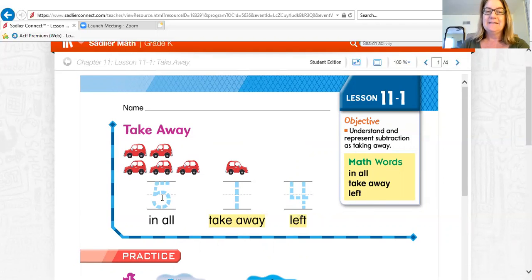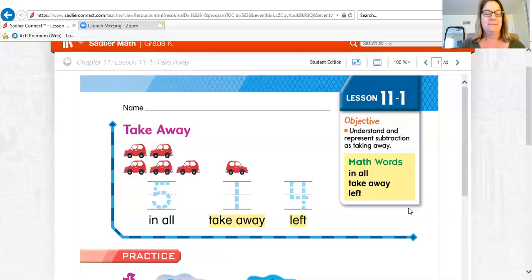When we added, we would end up with in all. But in subtracting, we're starting with in all. So in this case, there's 1, 2, 3, 4, 5 cars in all. The second math word is take away.